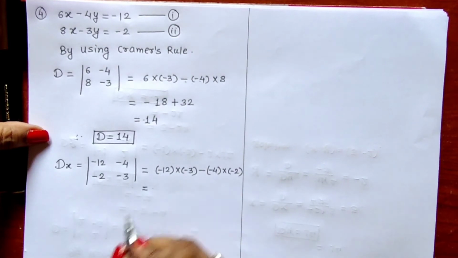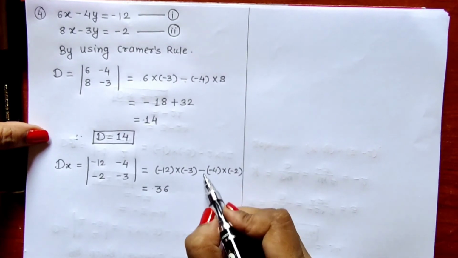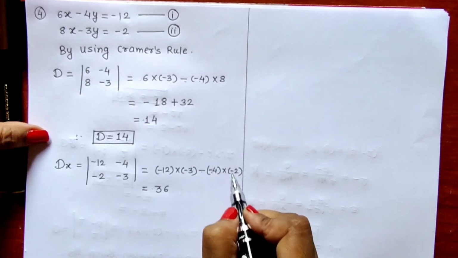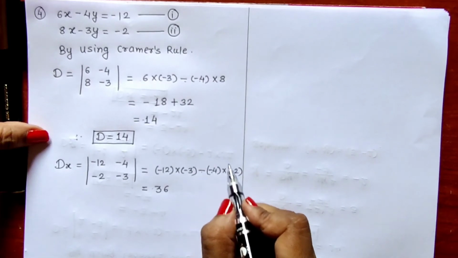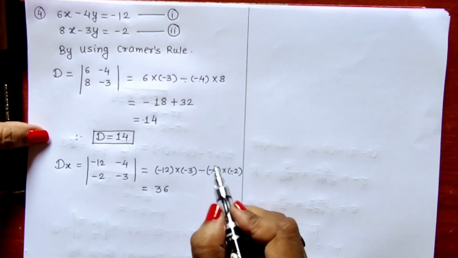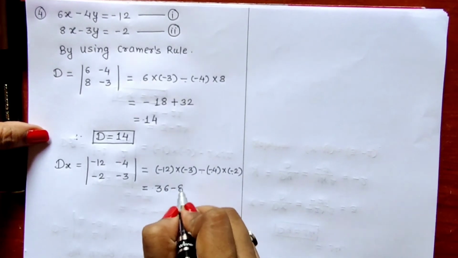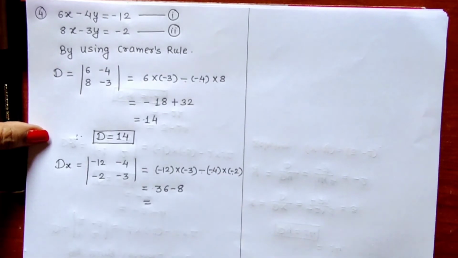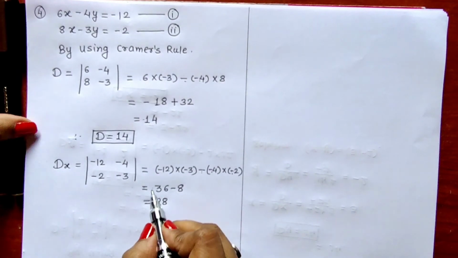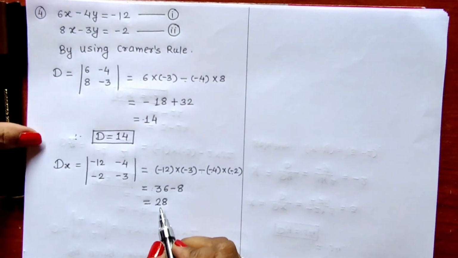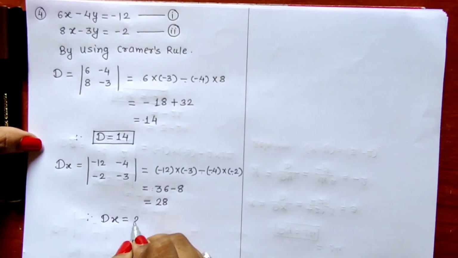Minus minus plus, so we don't require to give the sign. 12 3s are 36. Now see children, here minus minus plus, and plus into minus minus. If you multiply this minus minus, it becomes plus, and plus minus will become minus. 4 2s are 8. 36 minus 8, what will be the answer? Plus 28, because sign of 36 is plus and in answer we give the sign of bigger number. So dx is equal to 28.